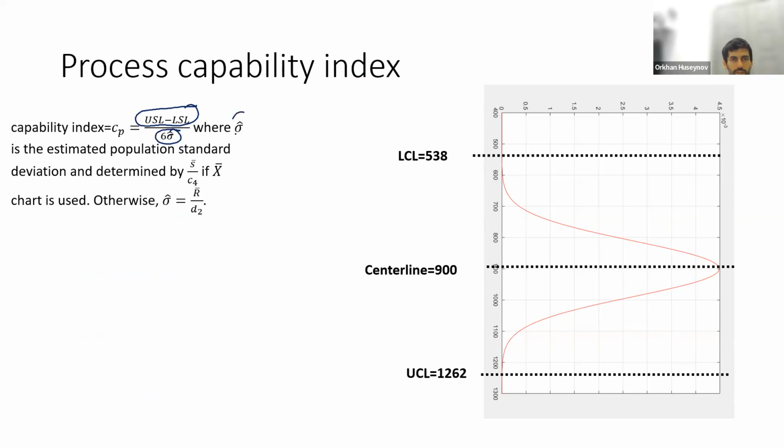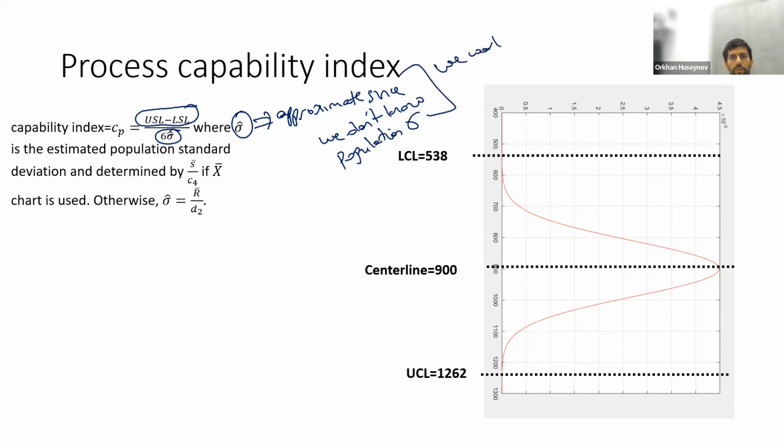But this sigma is approximate, since we don't know the population sigma, since we work with samples. So we are trying to approximate it.